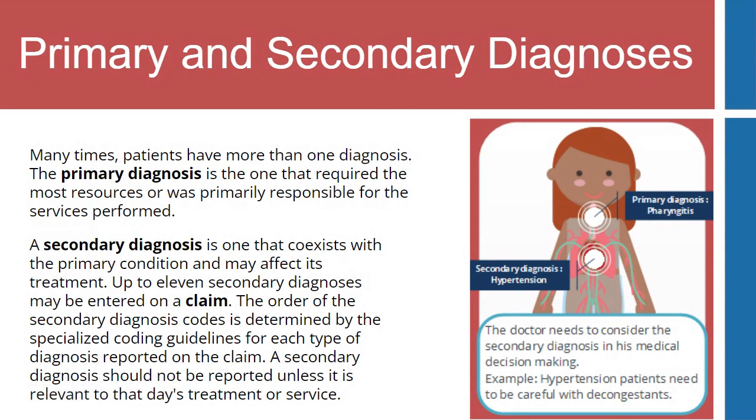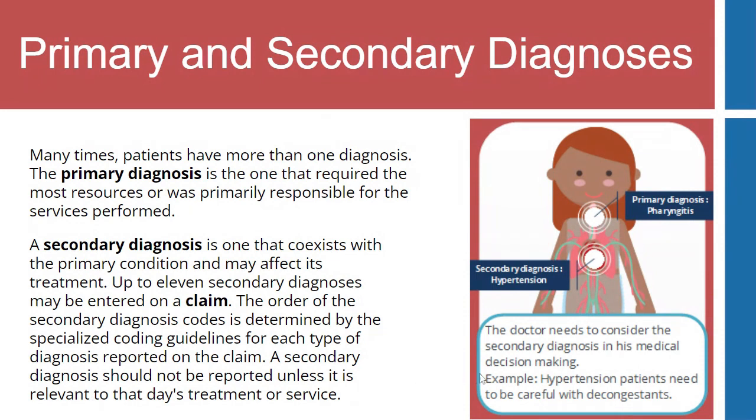All right. And this is just reiterating the fact that we want to make sure we list the primary code first and then the secondary diagnosis codes later. The order of the secondary diagnosis codes is determined by the specialized code and guidelines for each type of diagnosis reported on the claim. A secondary diagnosis should not be reported unless it is relevant to that day's treatment or service. Okay.